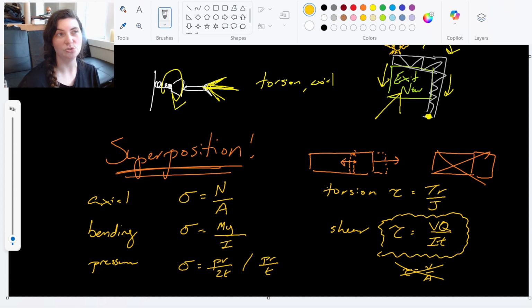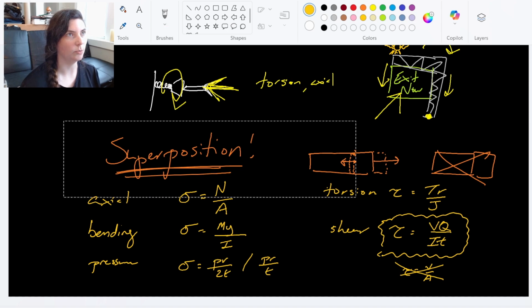So all we need to do for any of these that we're given, we're just going to analyze which one of these are applied to our specific situation that we want to figure out. Because not everything will be applied at the same time. There may only be axial and torsion, like in our screw example. There may be more than that. So we only use the ones that are actually applied in our situation, find what we need, and we can add them together, right?